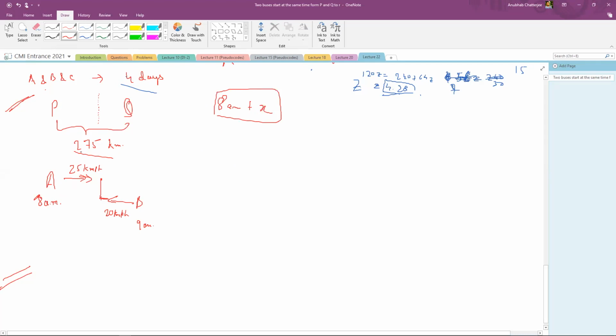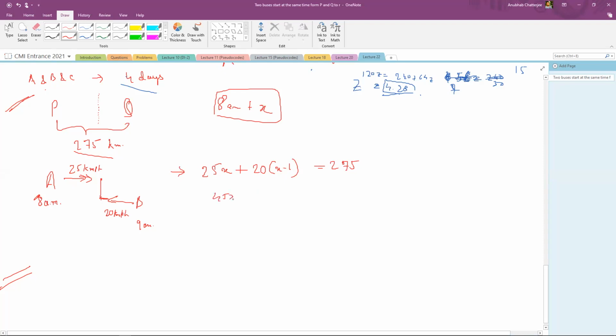A has traveled a distance of 25x in X hours, and B has traveled a distance of 20 times X minus 1, because it's starting an hour later. And I know that these two should add up to 275. That's a single equation from which you can get X.